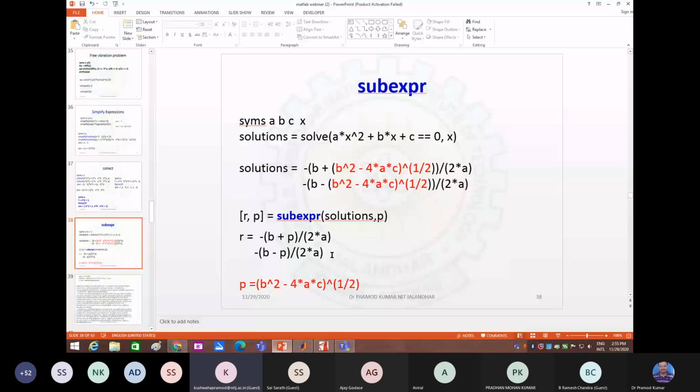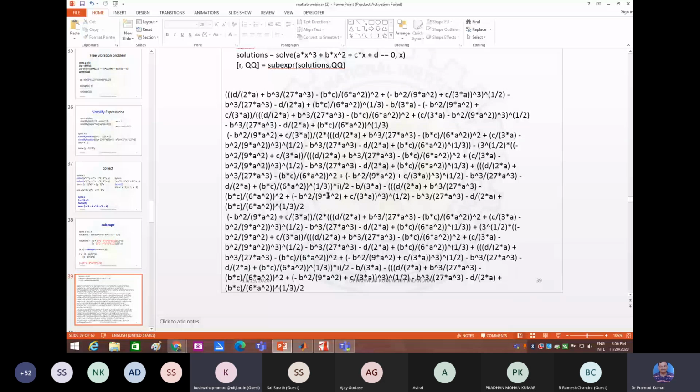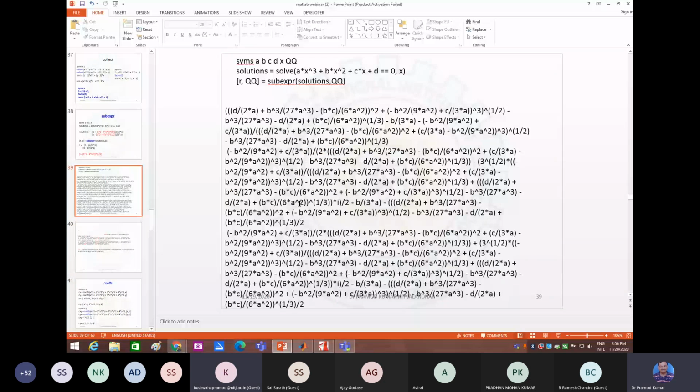If you see this complex equation, then we will replace q in the solution. I think we made some mistakes in this equation. Let us try again. Solution is this.